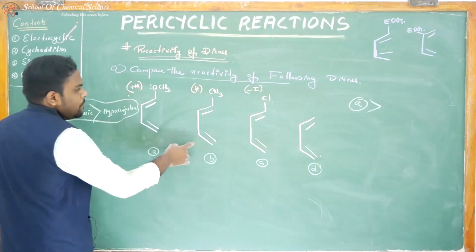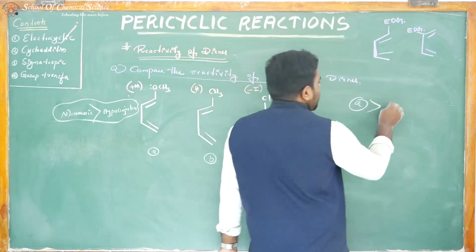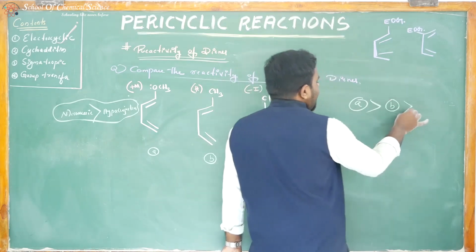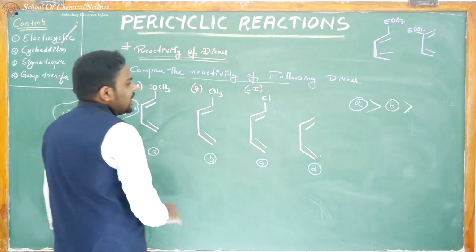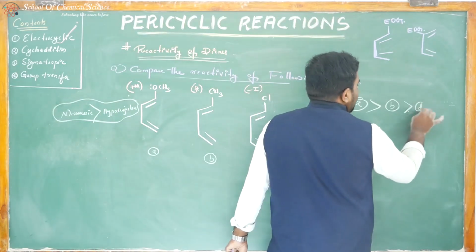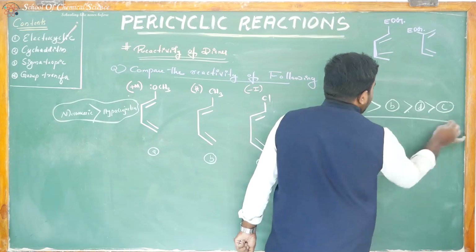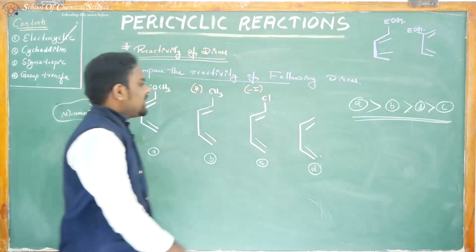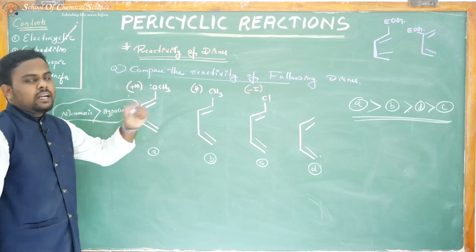Then second one, B, because there is an electron donating group by hyperconjugation. Then comparing C and D, C is withdrawing, so definitely D, then only C. So A, B, D, C is the order of reactivity of these four dienes.